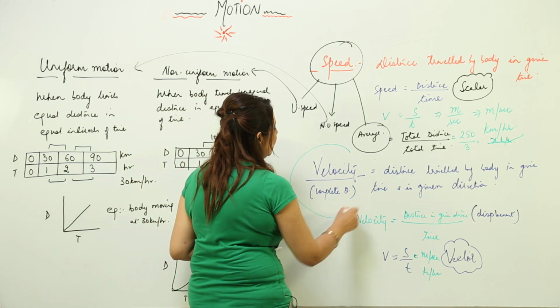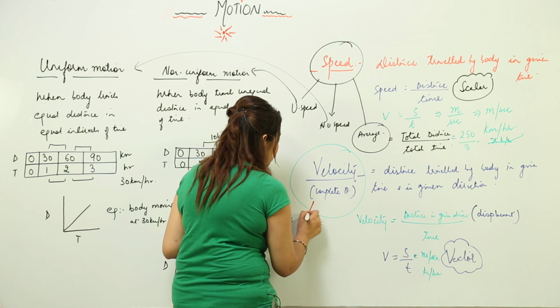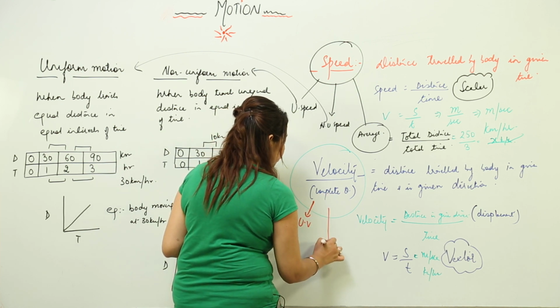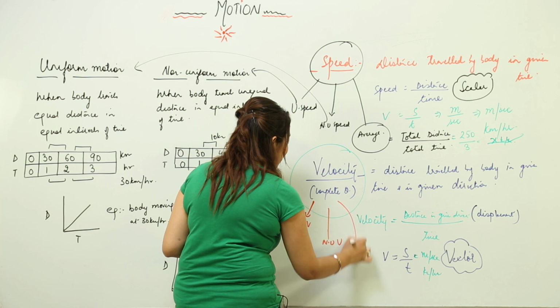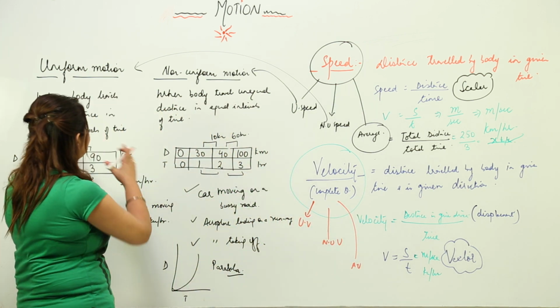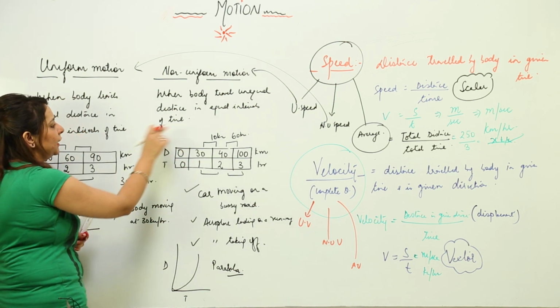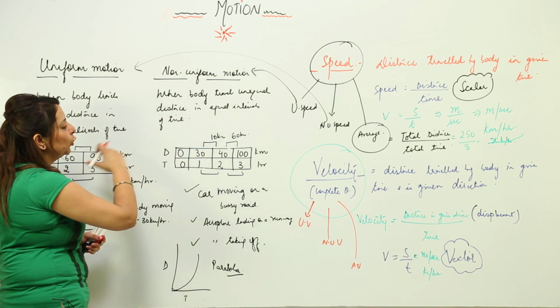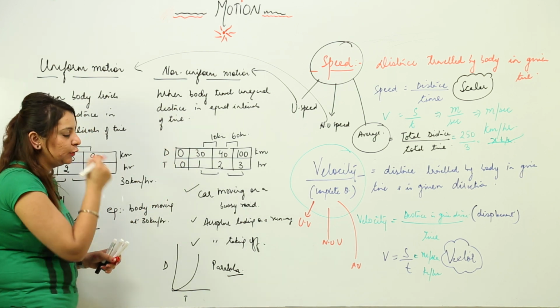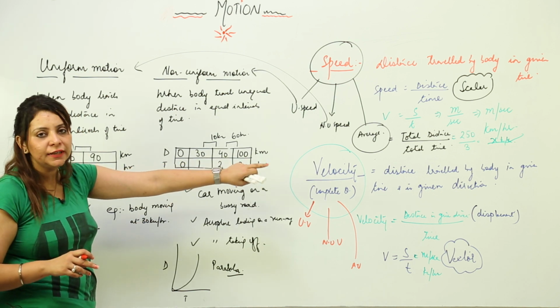Now if we talk about its types, it is again of three types: uniform velocity, non-uniform velocity and average velocity. Uniform velocity and non-uniform velocity are exactly the same as before, but what you need to write is "in given direction", because velocity takes direction into consideration also.